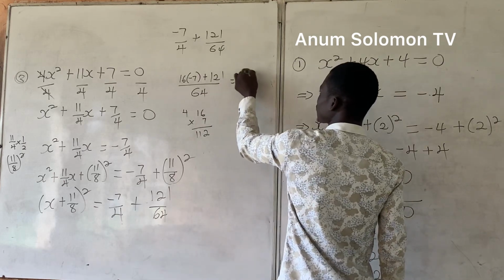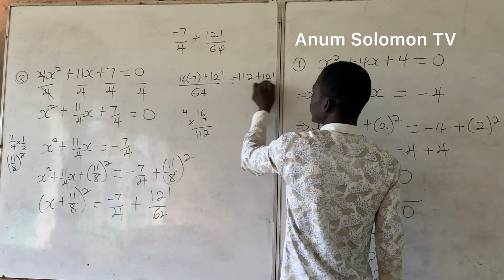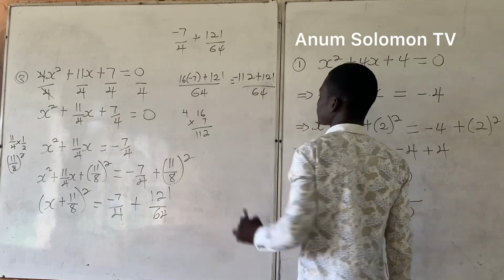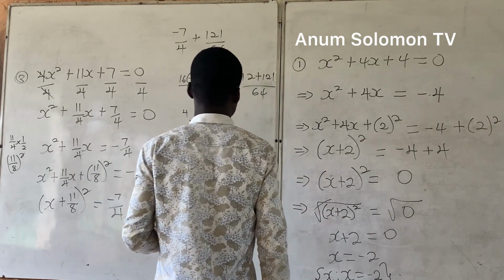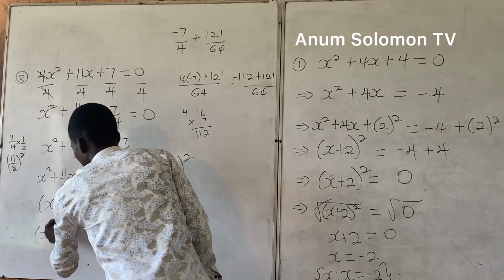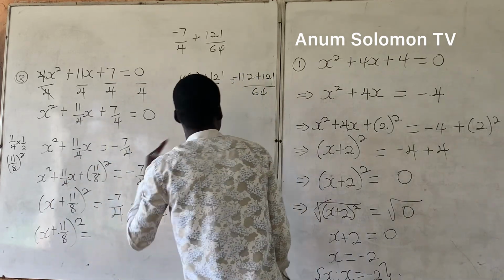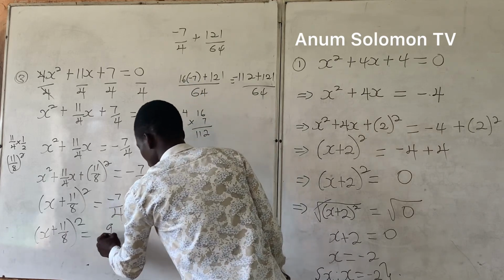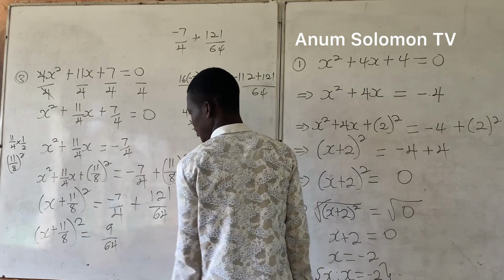Then you have 112 plus 121 all over 64. So on this note, finally, we get s plus 11 over 8 all square is equal to 9 over 64. So when you add these two fractions, you get 9 over 64.